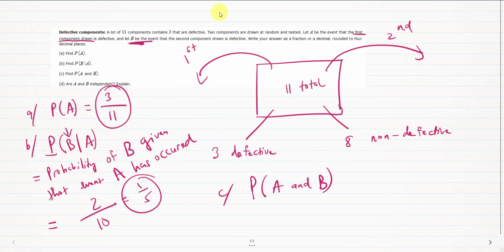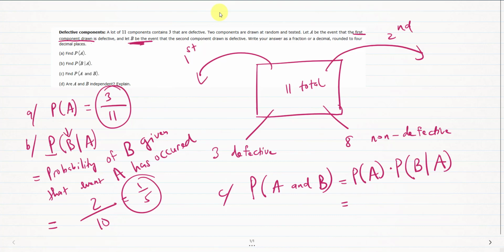Because of the "and," we use the multiplication rule. The first one is defective, and now we multiply by the probability of the second one, B, to be defective, but given the first one has already occurred, because you have to base it on whatever happened to the first one. We want both of them to be defective.